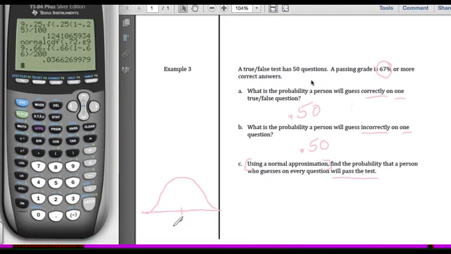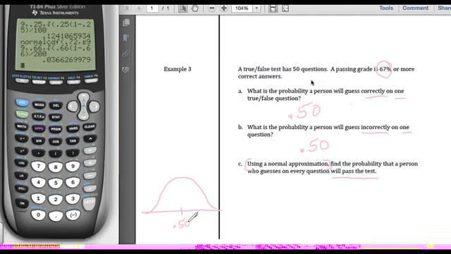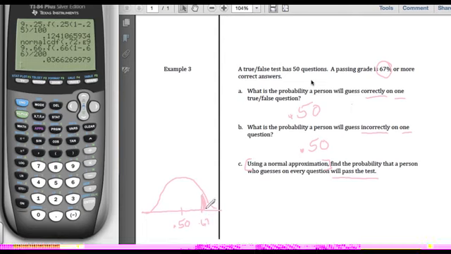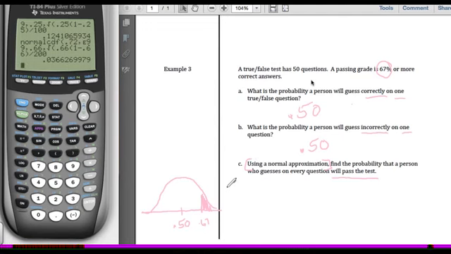So what's typical is that you'll get 50% of these right. I want the probability that someone will pass, which means they need to get a 67 or above. A 68 would pass, a 70 would pass, a 75 would pass, an 80 would pass. So what's the probability a person could pass a true-false test that's 50 questions just by guessing?